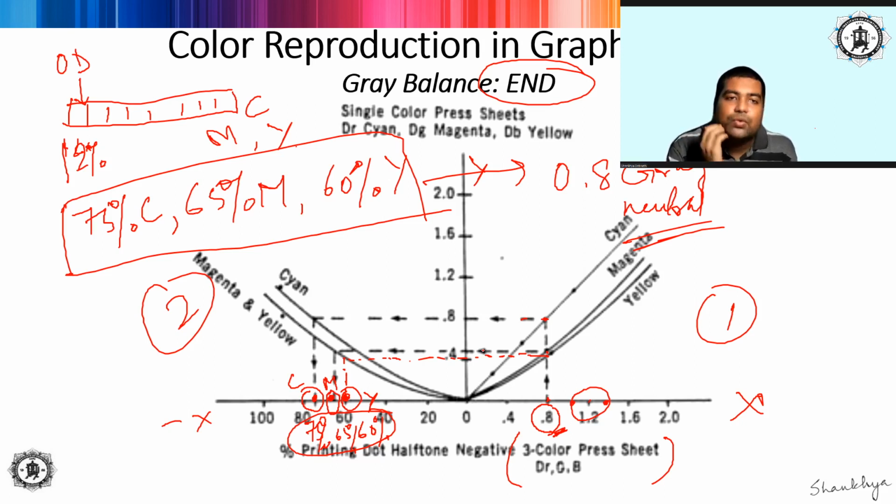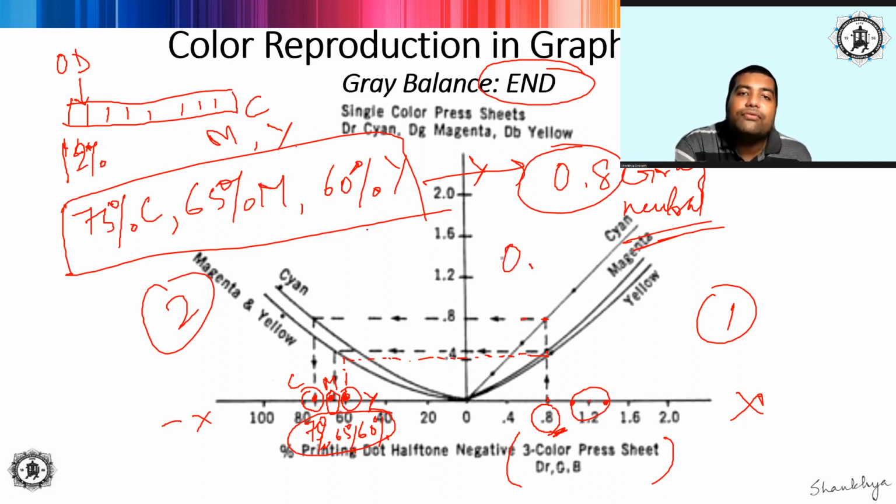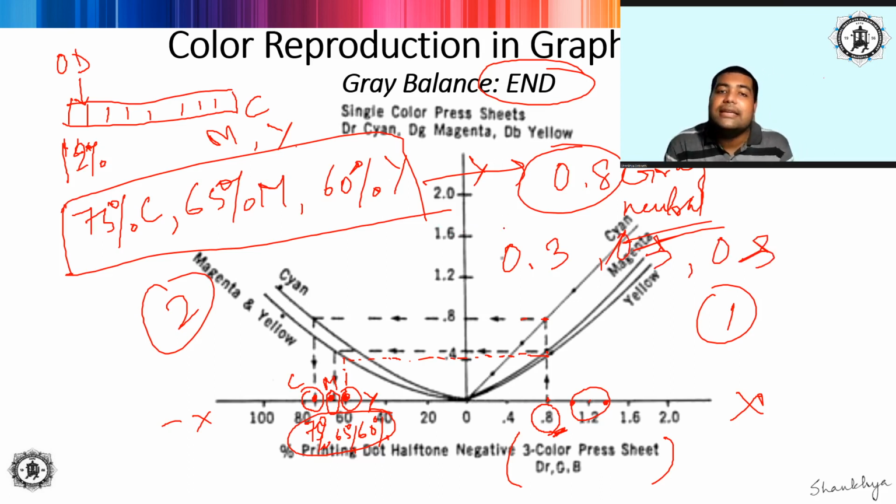That means what? Consider this. In order to get a neutral gray, for example, we are considering this 0.8 density. Let us assume that an overall density of 0.3 from cyan, 0.3 from magenta and 0.3 from yellow is giving us an overall density of 0.8 in that region.